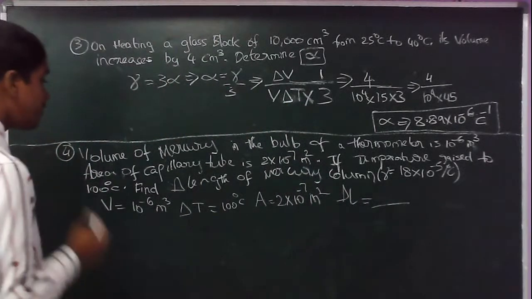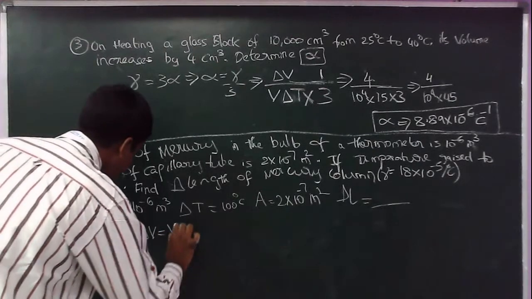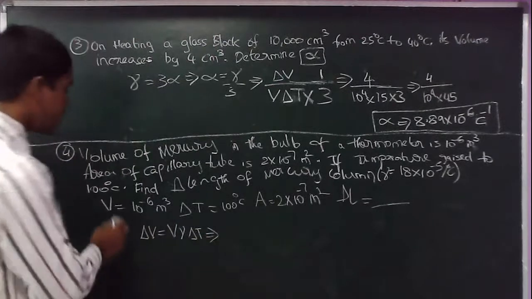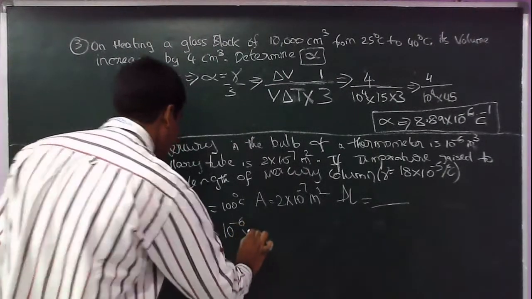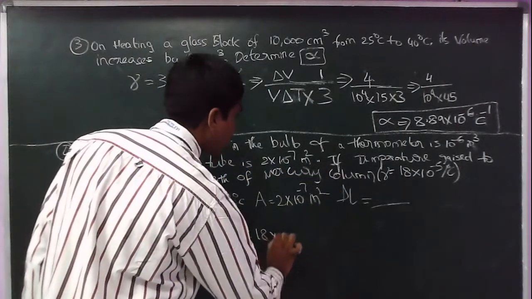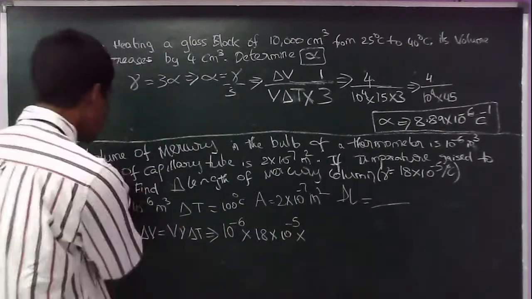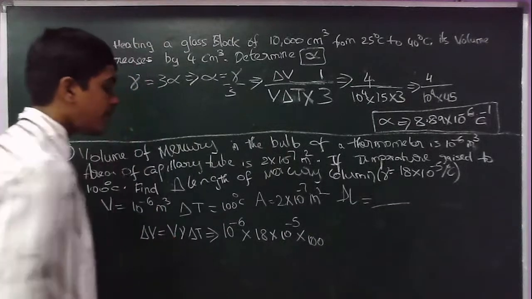So first we want to find out delta V. Delta V is equal to V into gamma into delta T. So V is equal to 10 to the power of minus 6, gamma is 18 into 10 to the power of minus 5, delta T is 100. This is the delta V.